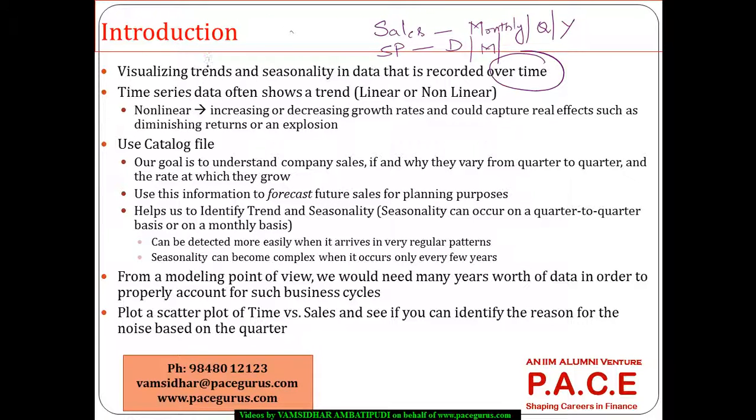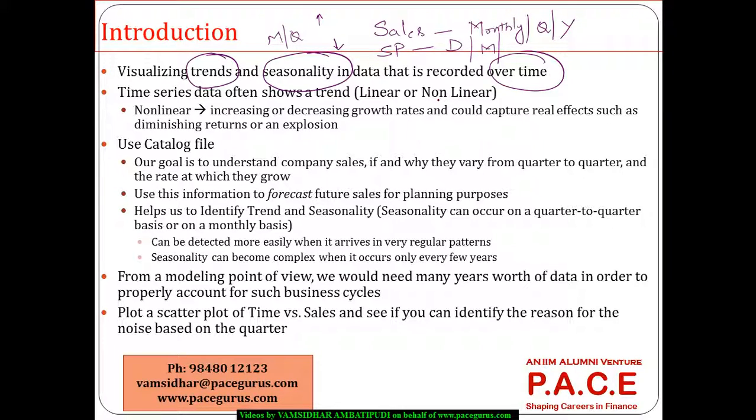So wherever my objective is to visualize the trend, how it is changing from one period to the other, as well as seasonality. Probably it might so happen that in a few months or quarters, the sales could be abnormally higher, and in a few months or quarters, the sales could be much lesser.